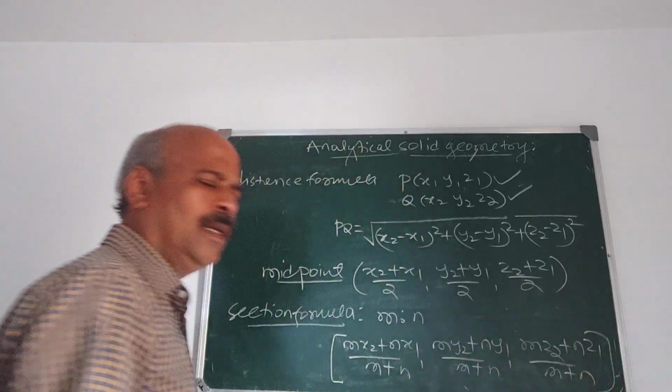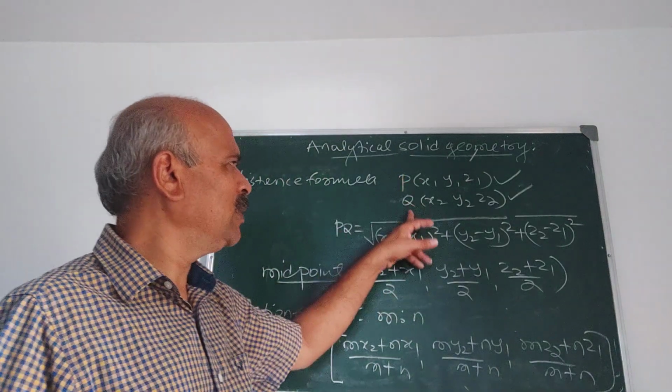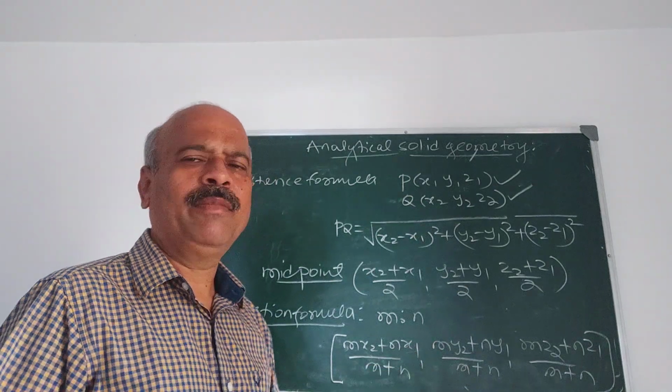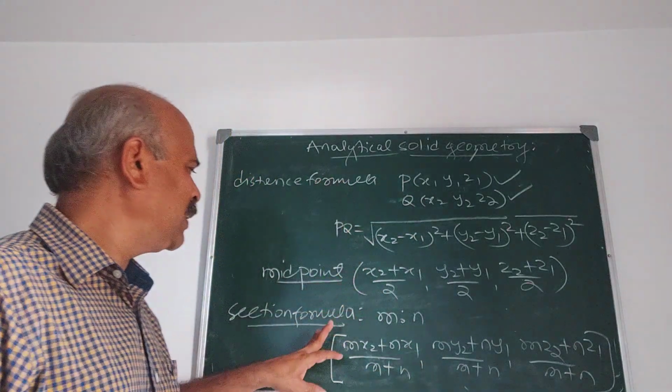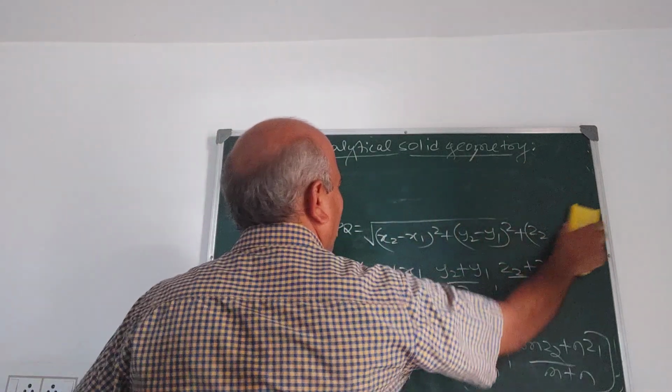These are the coordinates of the point which divides line segment joining PQ in the ratio m is to n. Distance formula, section formula, midpoint of a line joining PQ.